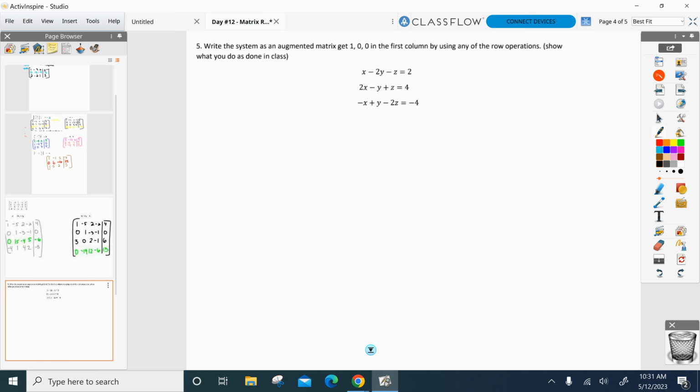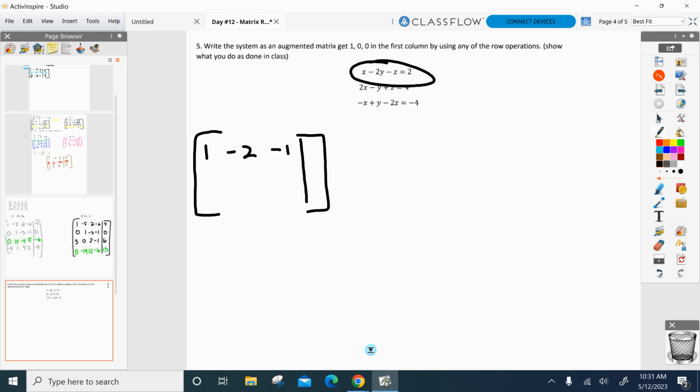So the first thing I need your help with is making a matrix. So let's review, go back to day 1. How do I make a matrix out of these 3 equations? Row 1 will be your first equation, but just the numbers out in front of the variables. I don't need the variables in here. So row 1 is going to look like 1, -2, -1. Remember the equal sign, and some of you asked about this today.